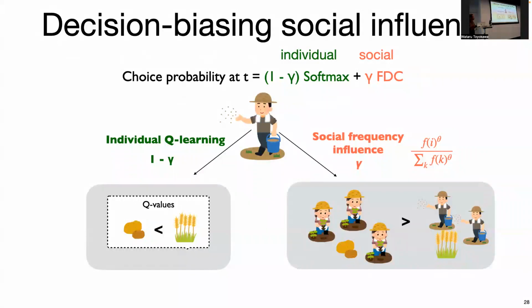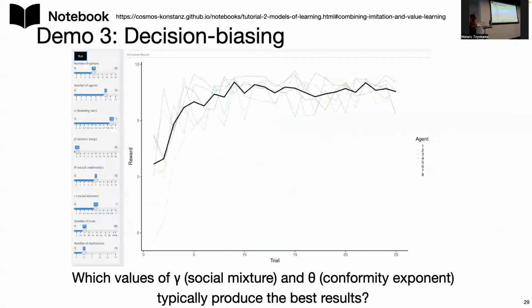So this is a combination of reinforcement learning and frequency-based copying. Then in the third demo in the code notebook, you can manipulate the gamma value and theta value of these individuals and see what happens at the population level.